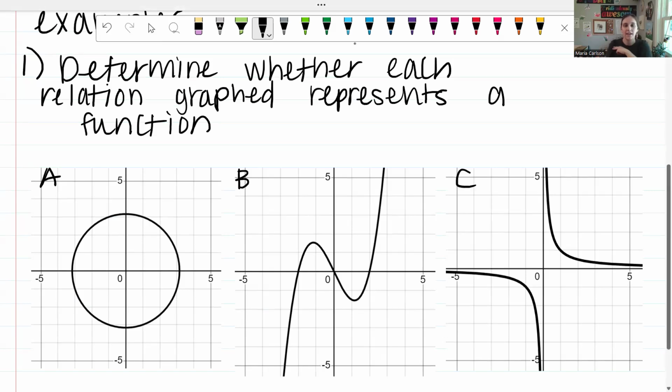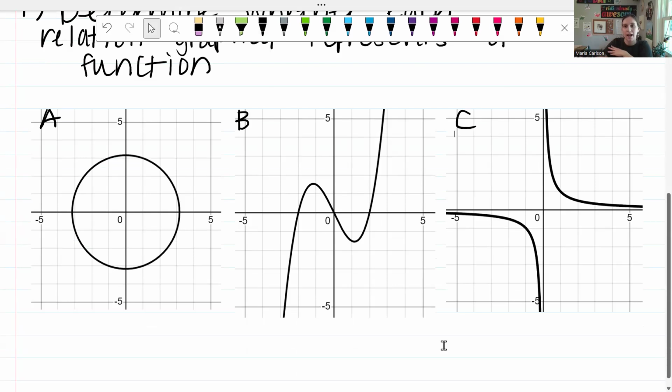So starting with A, if I want to determine whether a graph is a function or not, remember each x value can only have one y value. We are going to use something called the vertical line test.